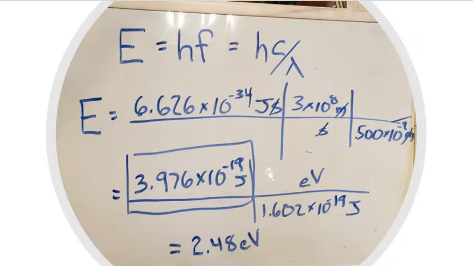There's my answer, but lots of times we want electron volts, because this is a very tiny number and a hard number to deal with on a calculator. If I divide by 1.602 times 10 to the negative 19 joules per electron volt, then this photon has an energy of 2.48 electron volts. There is my first problem.